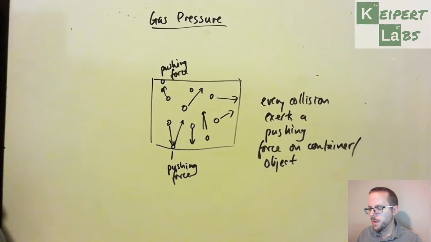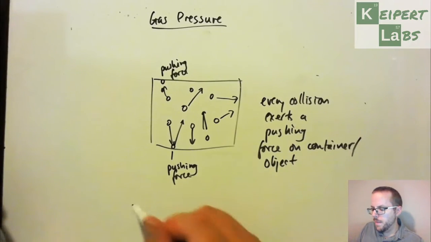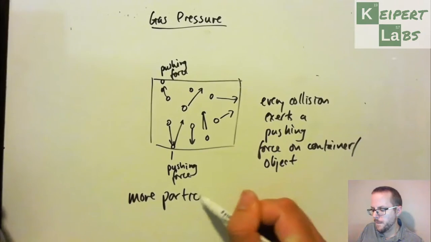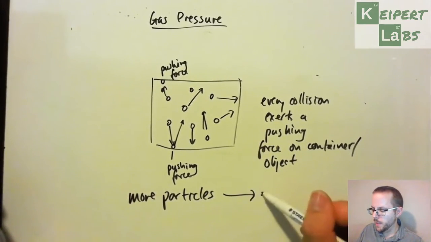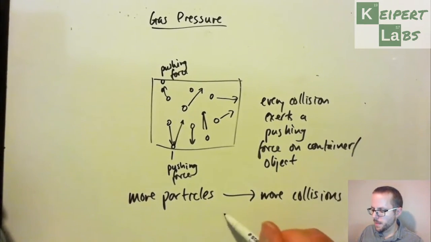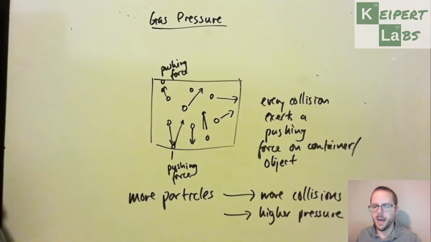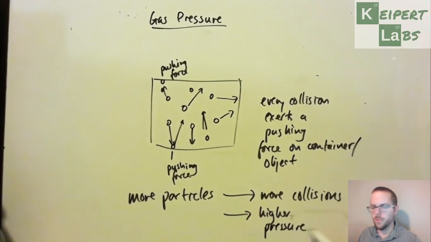So that means that if we have more particles in a given container, we get more collisions, and that means we get higher pressure. If I pump more particles into a container but I don't change the container itself, I will get a higher pressure inside.